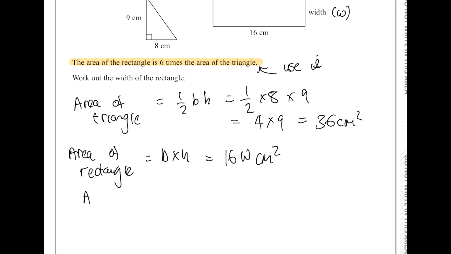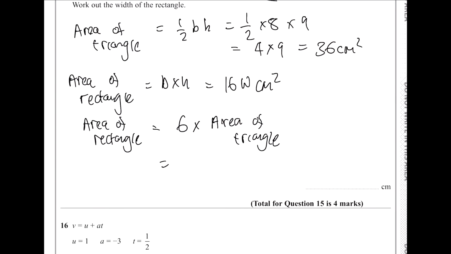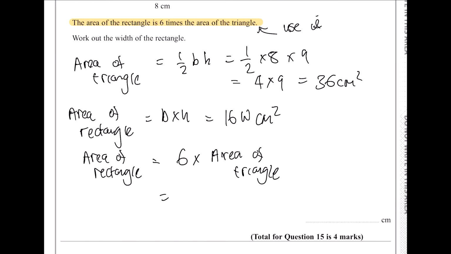Area of rectangle will be equal to 6 times area of triangle, and since we know the areas, we can just put them in. So the area of our rectangle, leaving out units, is 16W. Area of our triangle is 36, so 6 times 36.